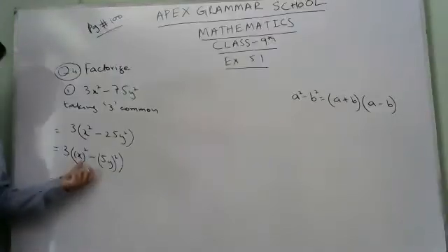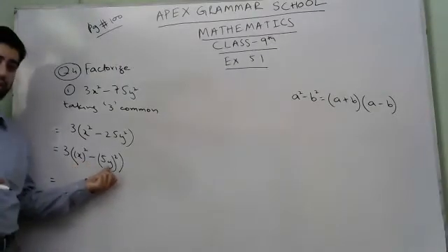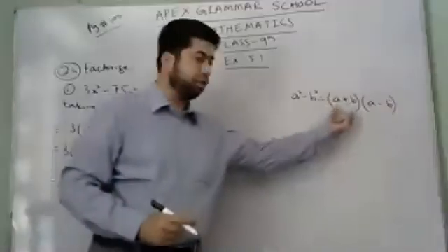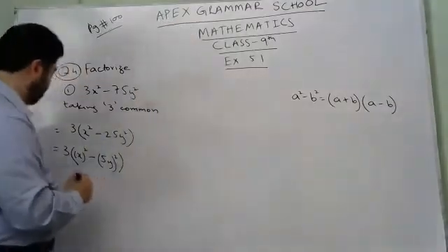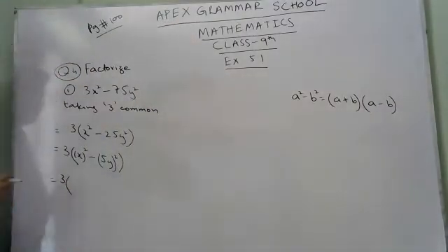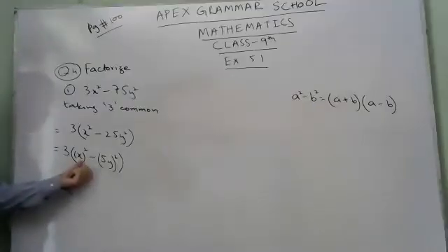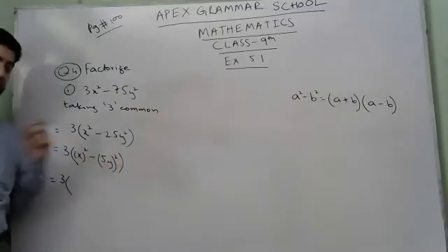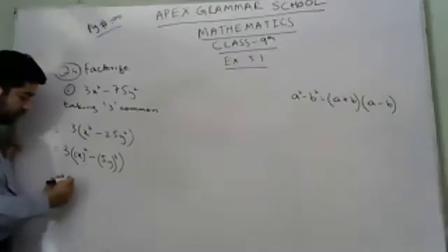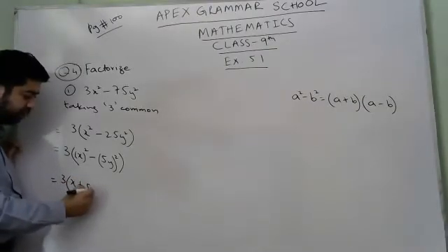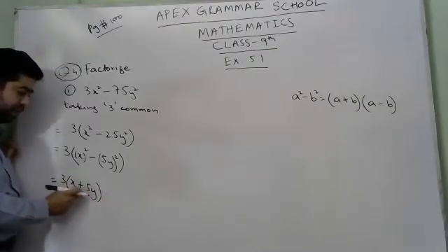Now you can see that this is of the type a squared minus b squared, which will be equal to a plus b into a minus b. So now you can write it in the a plus b into a minus b form, as x plus 5y. This is a plus this is b.